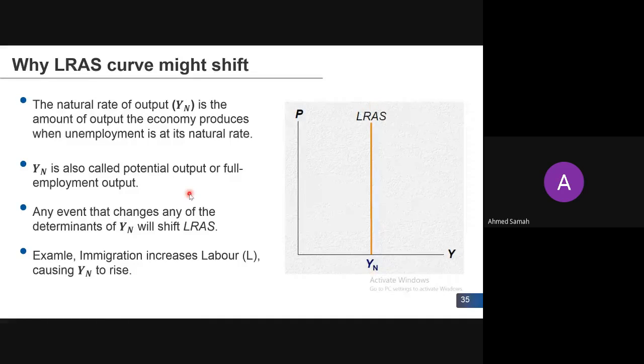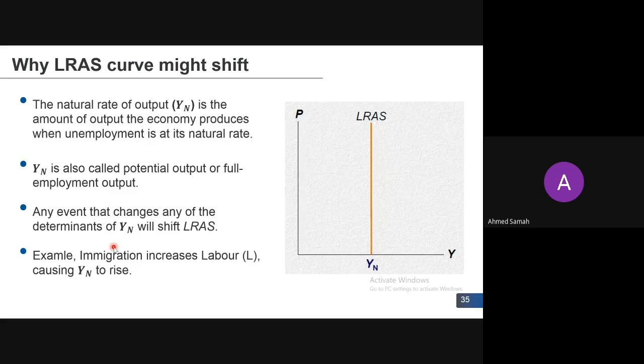So any event that changes any of the determinants of the potential output will shift the long run aggregate supply curve. For example, as I have said before, in the long run, potential supply depends on the resources available. So if in the long run there is an immigration of laborers.